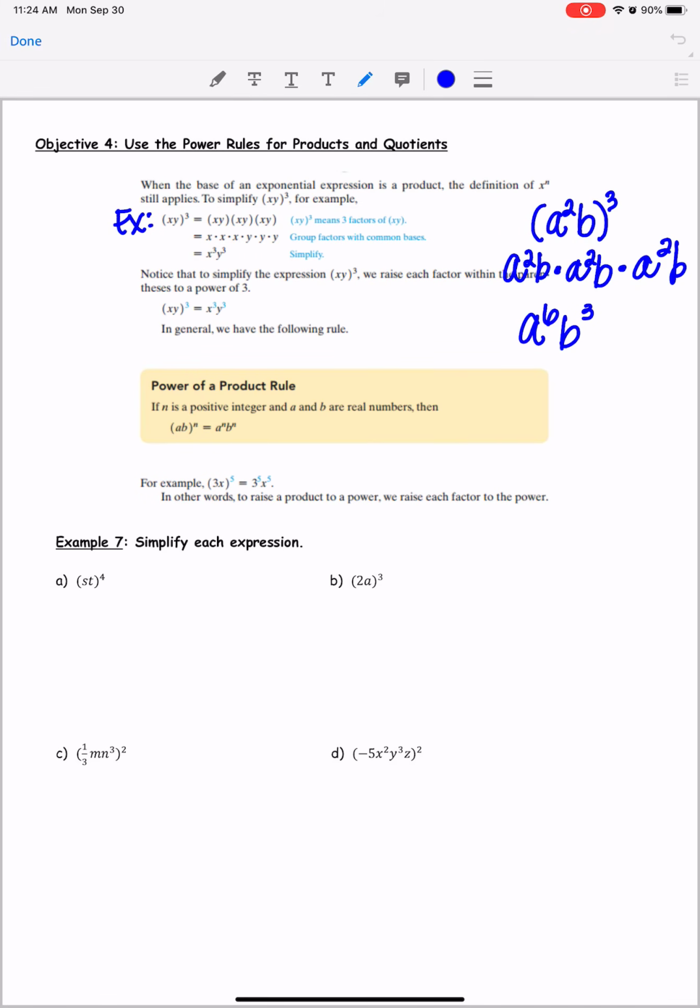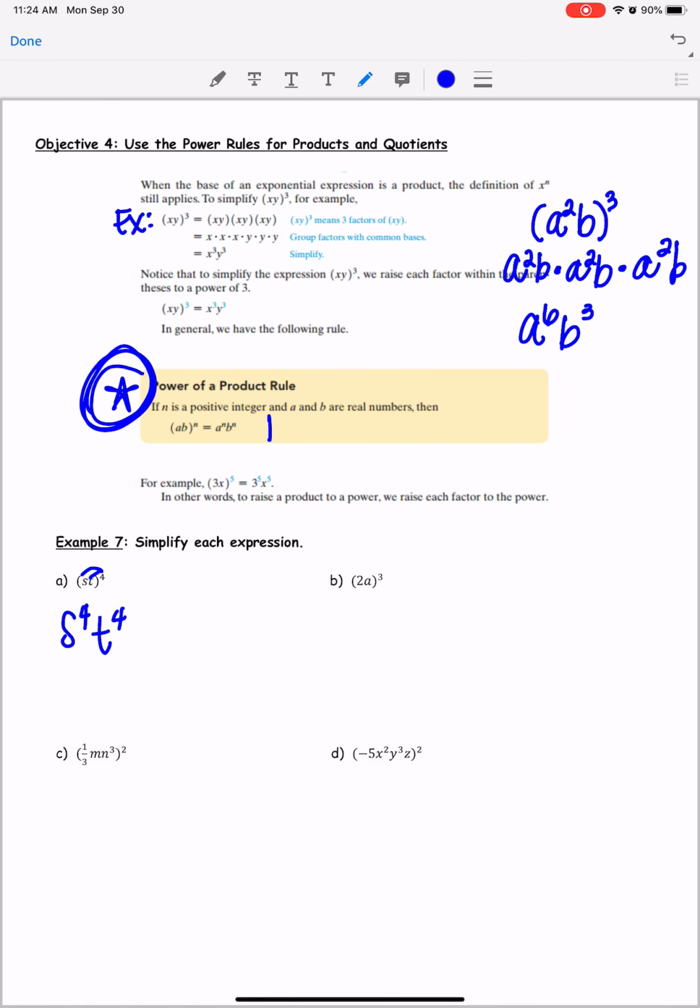So on A, we have st all to the 4th. Distribute that 4 to everything. So this becomes s to the 4th, t to the 4th. That's what this rule right here is telling me to do. If I have ab all to the nth power, all they did was distribute that in, and now it's a to the nth, b to the nth.